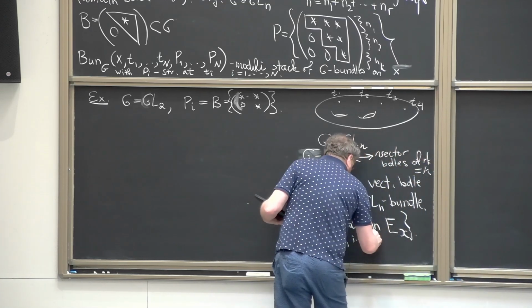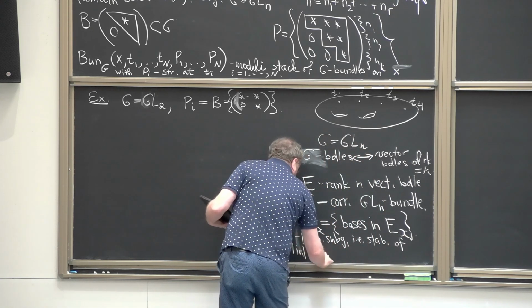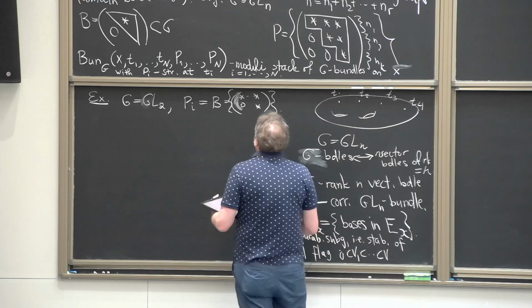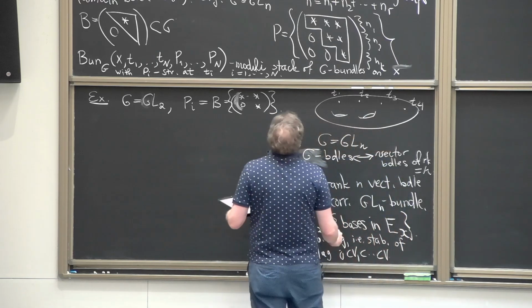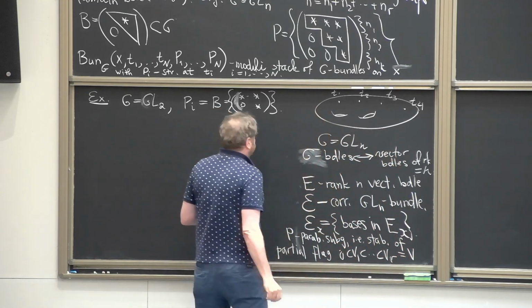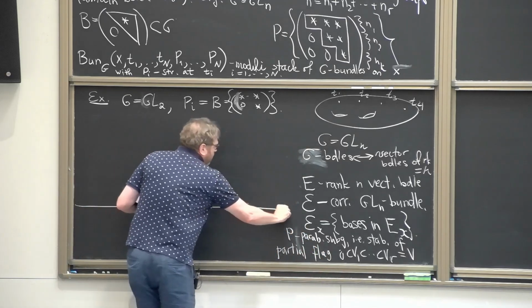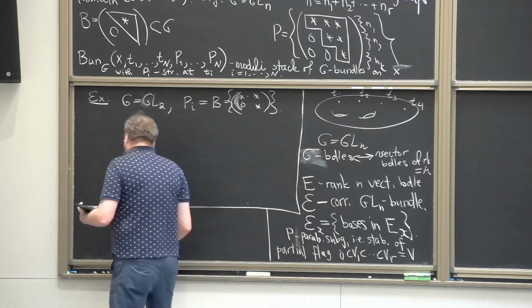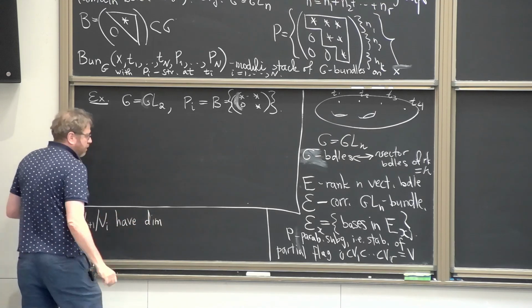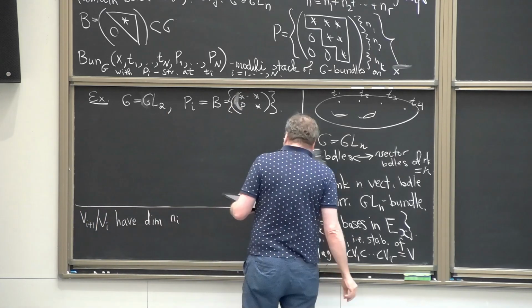It is the stabilizer of a partial flag 0 is contained in V_1, contained in V_2, and so on up to V_r, which is equal to V, where the quotients V_{i+1} over V_i have dimension n_i, the corresponding block size.